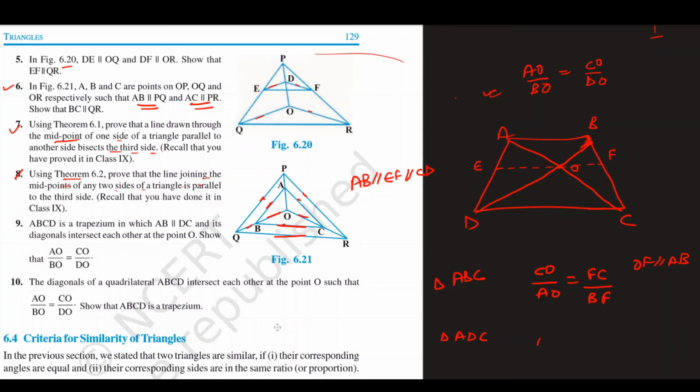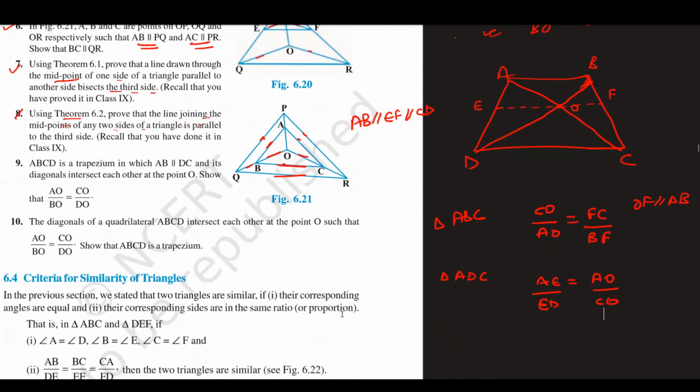In this triangle, we have AE upon ED is equal to AO upon CO. And in triangle BDC, we have BO upon OD is equal to BF upon FC.